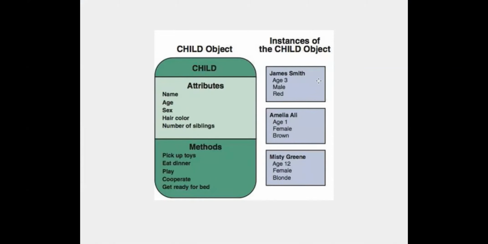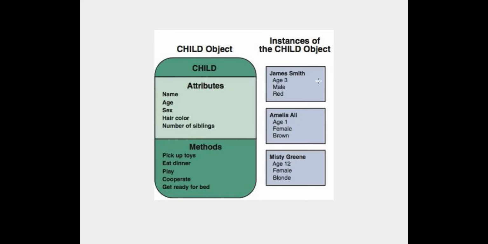Now here is another object. We have a child this time, right? And you can notice that apart from the parent, you have some additional attributes. At the same time, you have a different set of methods, which is slightly different from the previous one.